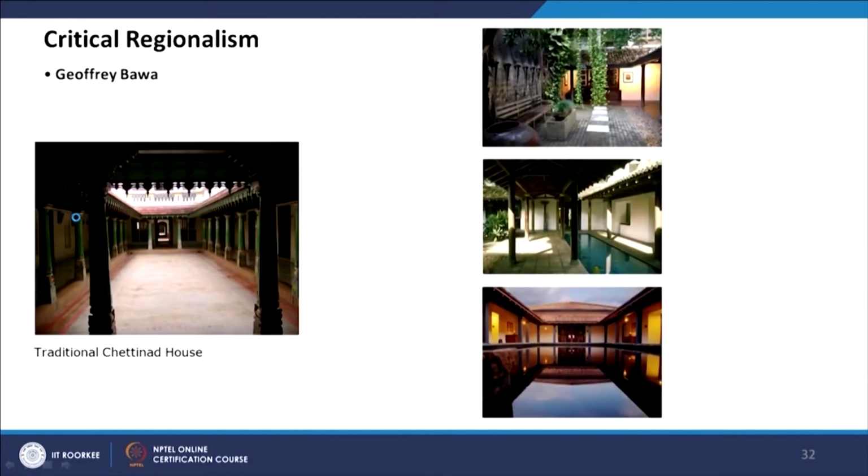But most of Geoffrey Bawa's work is inspired from a traditional vernacular house form, which is called the Chettinad style of the southern part of India in Tamil Nadu.